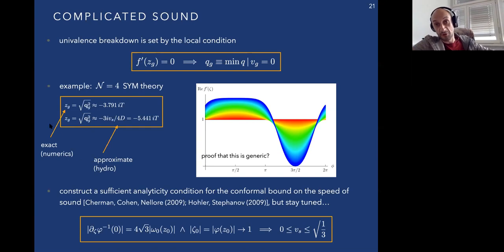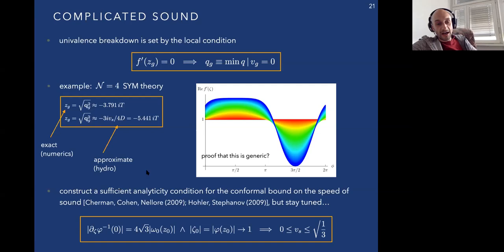It will converge to this point. So you can have an exact numerical estimate of where this happens. It happens here. This is the first line. And you can have a hydrodynamic first order approximation to this. And then you can use hydrodynamics to constrain hydrodynamics, right? You use itself to constrain higher coefficients. So you can do such things, and you can get some bounds on sound in the same way as for diffusion.